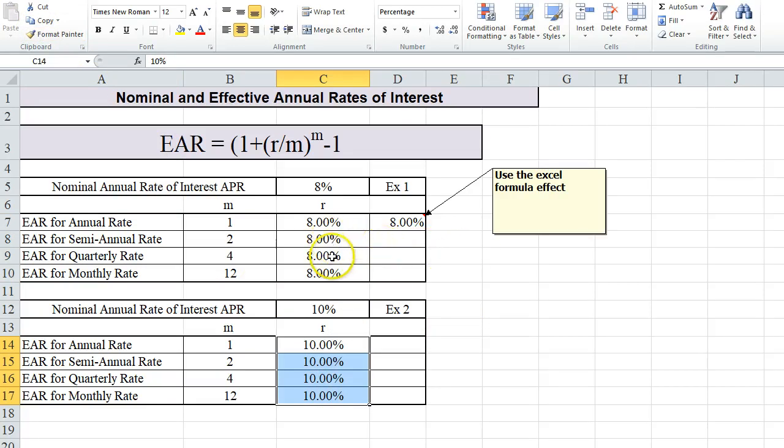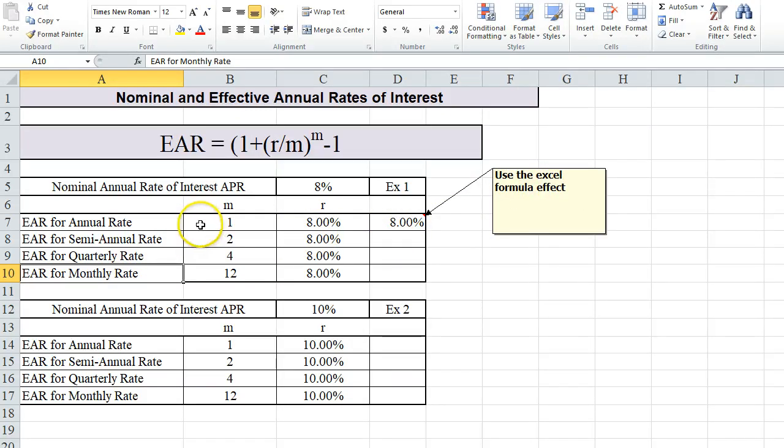So the nominal rate is just going to be the expressed rate. But the effective annual rate is what is the rate really if we change the frequency of compounding. So if we change the frequency of compounding, the effective annual rate goes up because we have more opportunities for compounding. So to calculate this, we could use what's called the effect formula.